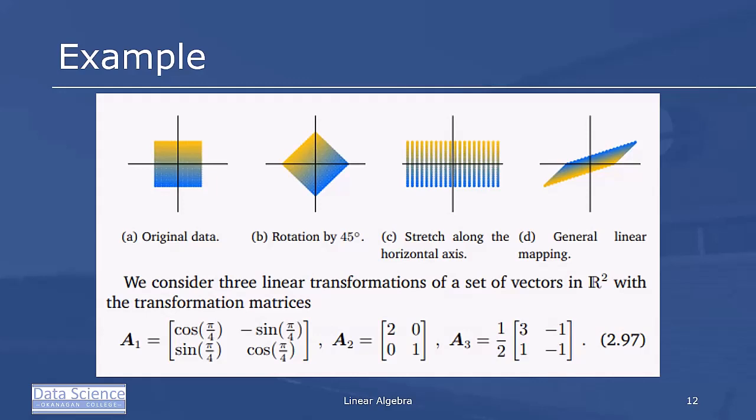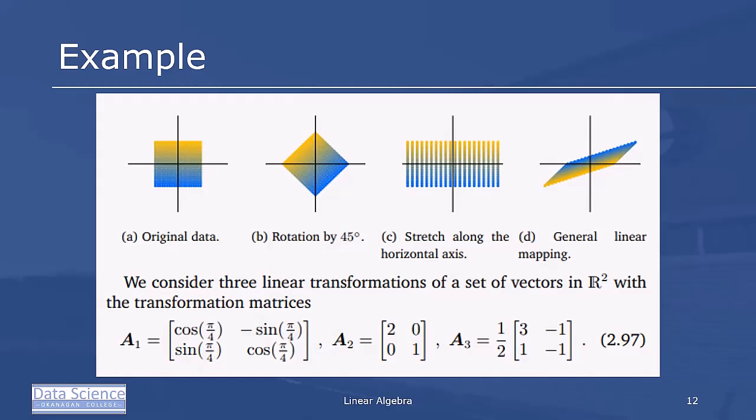So if we take the original data and multiply by A1, we get a rotation by 45 degrees. So any vector, of which there are 400 of them in the original data, any one of those multiplied by A1 would rotate 45 degrees counterclockwise.